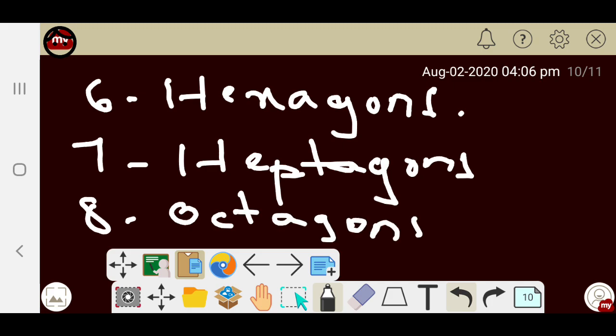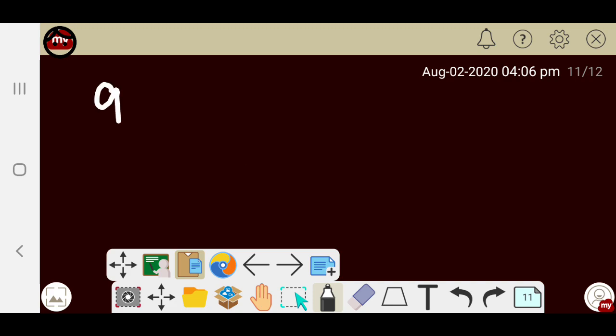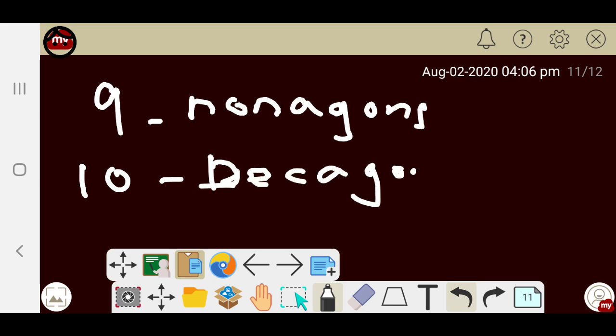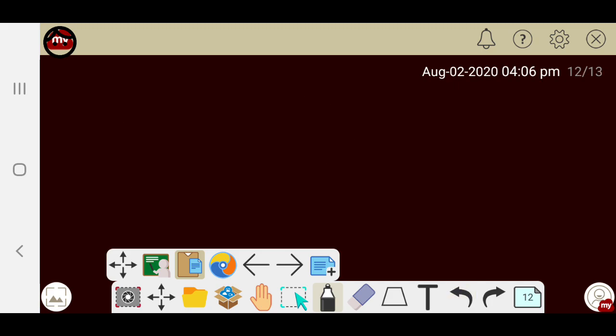Next, nine-sided polygons are known as nonagons. Then 10-sided polygons are known as decagons. D-E-C-A-G-O-N-S.